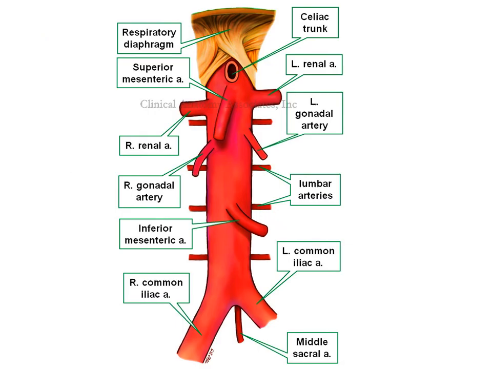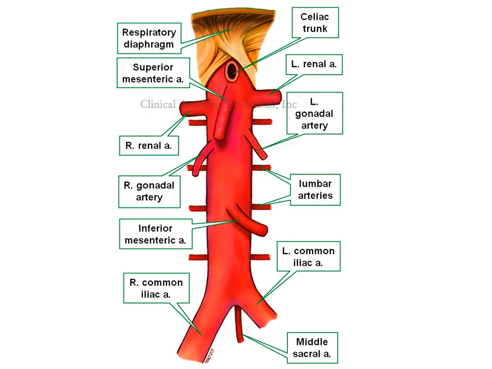Here these are the 3 unpaired anterior visceral branches: we have celiac trunk, as you can see, and then superior mesenteric, and then inferior mesenteric. For the 3 lateral pairs, we have left and right renals, and then gonadal arteries, and also suprarenals.